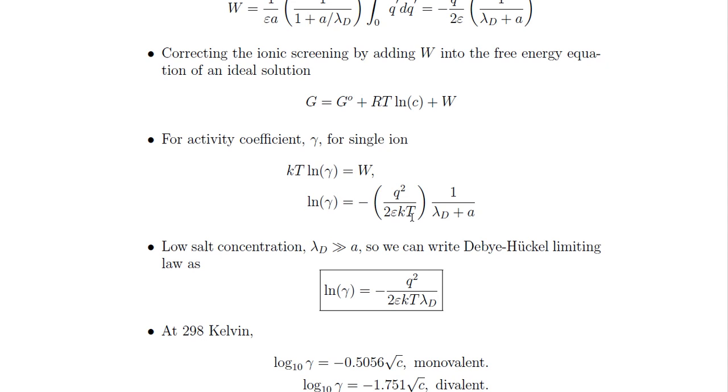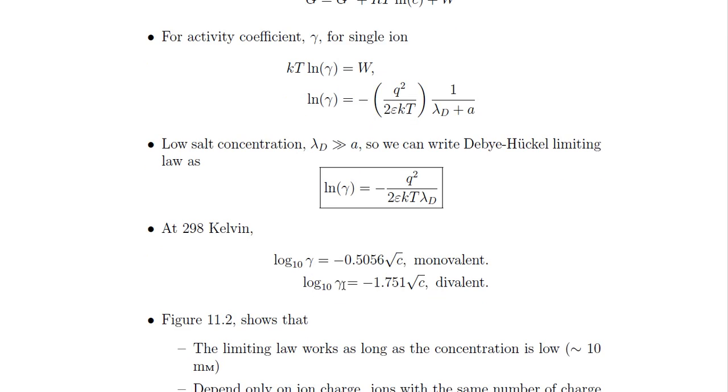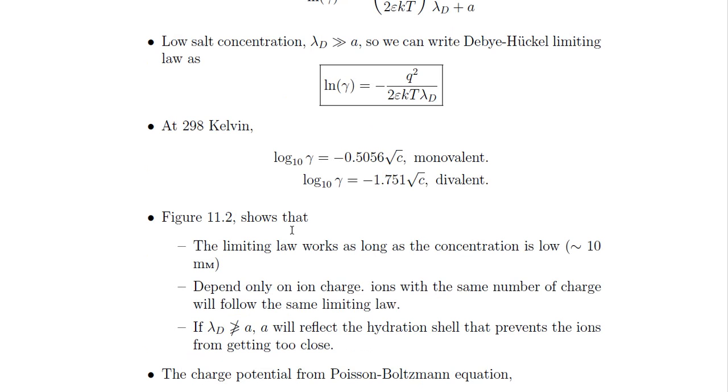We can ignore a, so we only have lambda D. These are examples: at 298 Kelvin, log 10 of gamma is minus 0.509 root C for monovalent, and minus 2.036 root C for divalent. These are the energy functions.